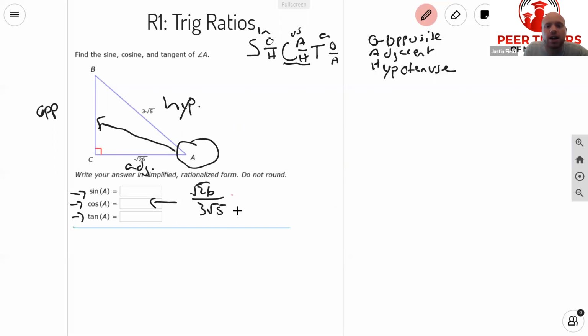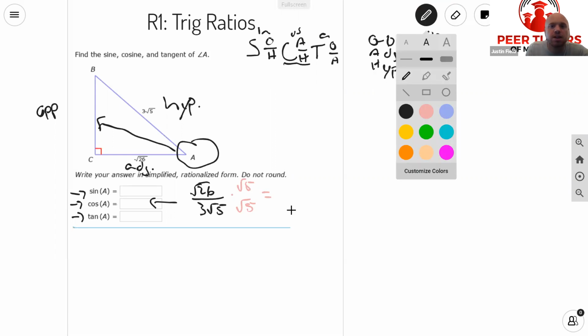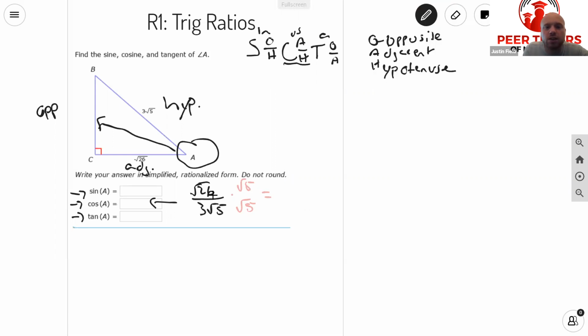So all that means is I have to multiply by whatever the square root is in the denominator. And actually, that's what I did to get my shortcut in the last problem. So when you do that, you do 26 times 5 is 130. So it's going to be the square root of 130.